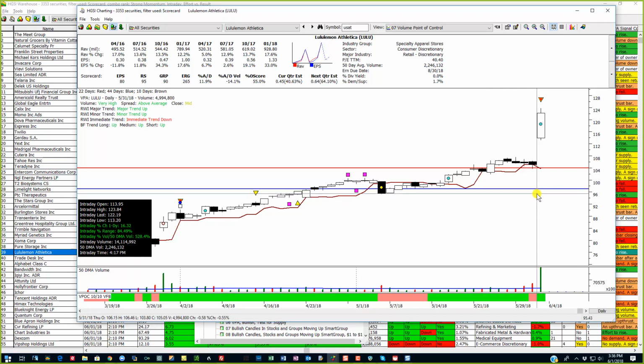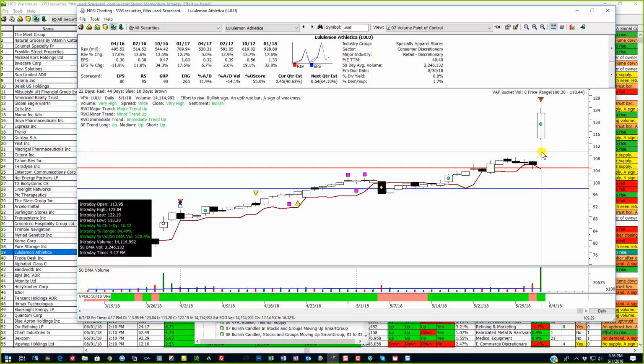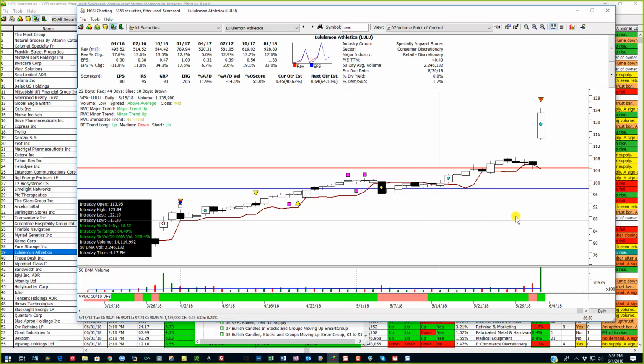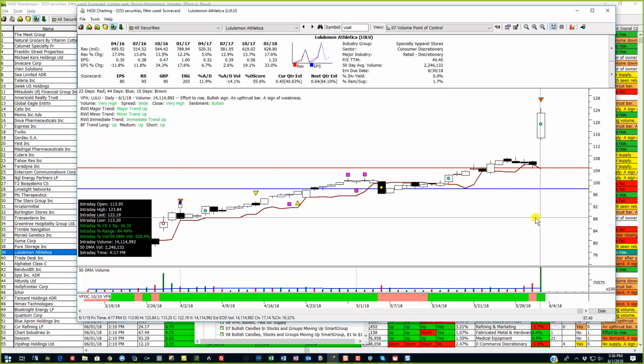Okay. It didn't turn green yesterday. It turned green today. You know what I did? I ran a full update earlier with this machine, and I think that messed that up. Anyway, it's green today. This is a buyable gap up.